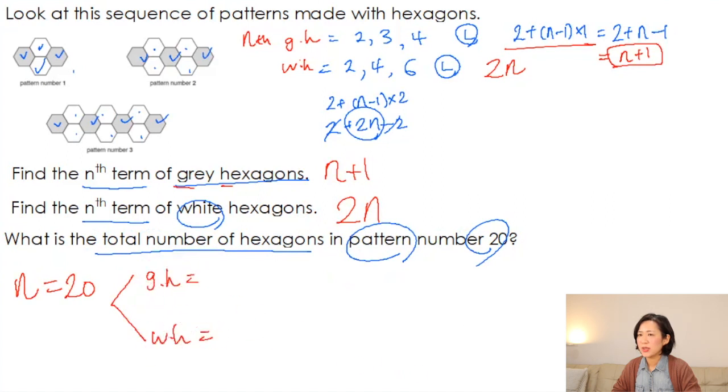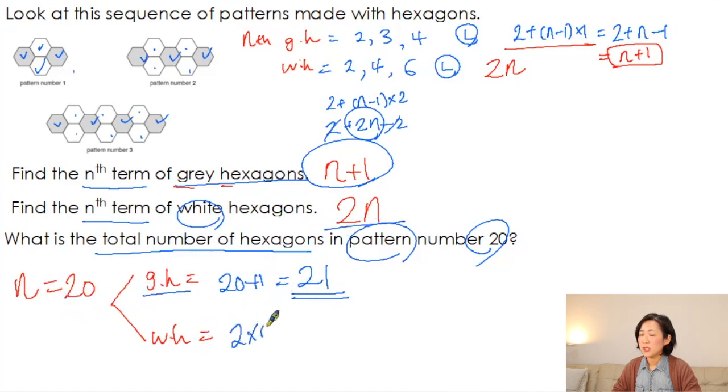So let's put the 20 inside the formula. 20 plus 1 is 21 gray hexagons. Then white hexagons is 2n, 2 times 20, that gives you 40 white hexagons. Altogether, because it's asking you to find the total number, that is 61 hexagons all together.